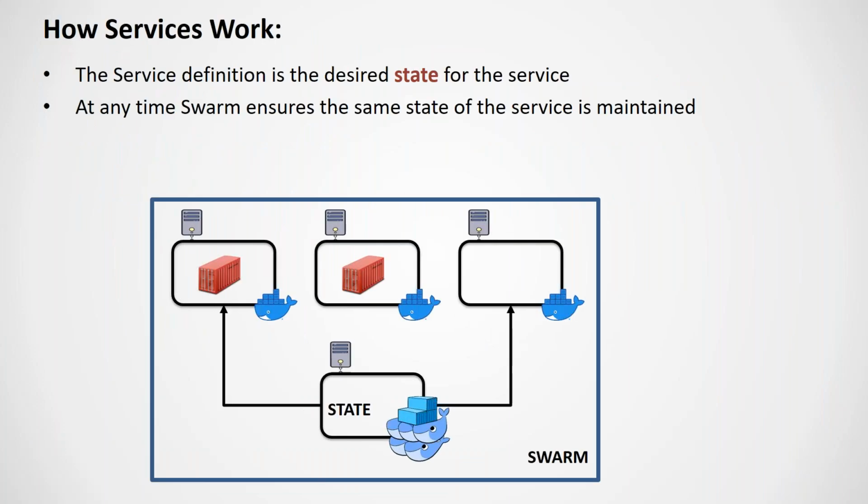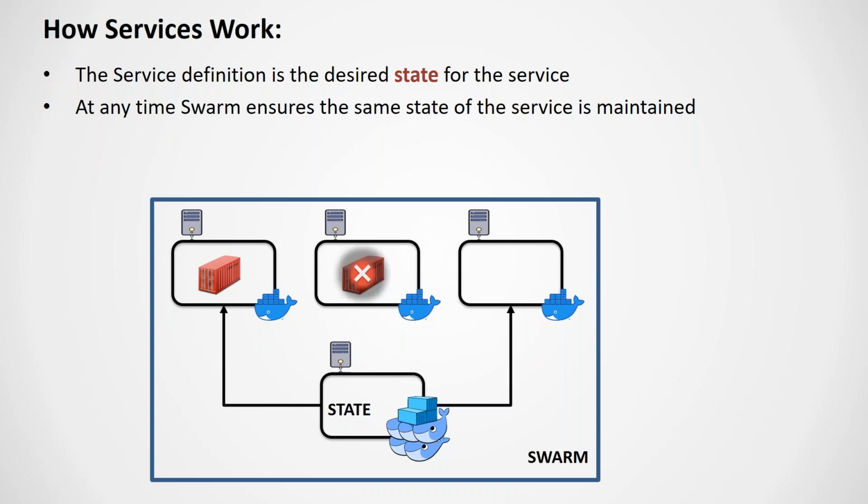Now again, this is what we were trying to see, because the responsibility of the swarm is not just to create but also to monitor, so that if a particular container in a service goes down, it will try to replace it. So let's say that I had two containers.